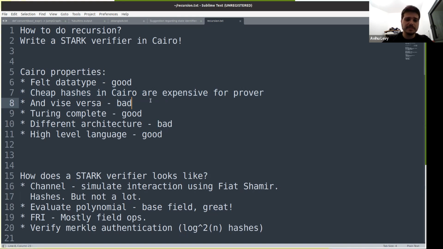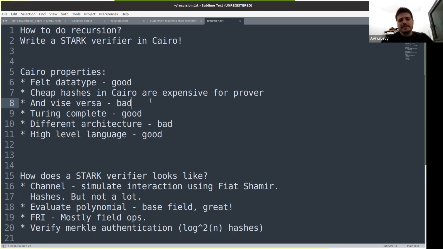So Avihu, why do you not use Poseidon, which would be good for both? It's a good question. First of all, when we started working on things in Cairo, Poseidon wasn't that established. It was established as part of a competition we started.